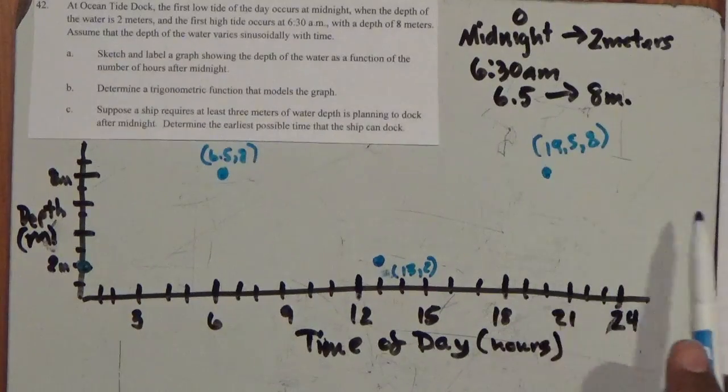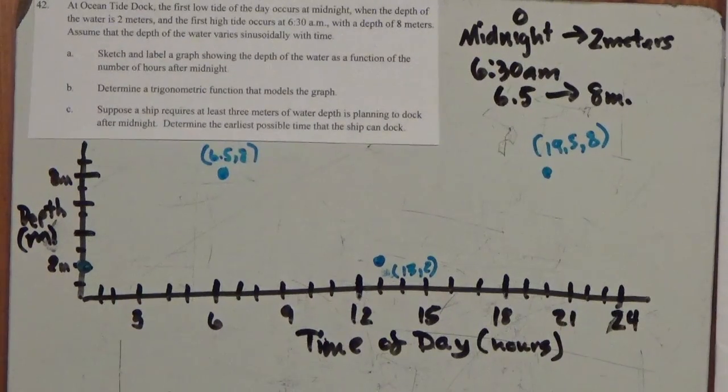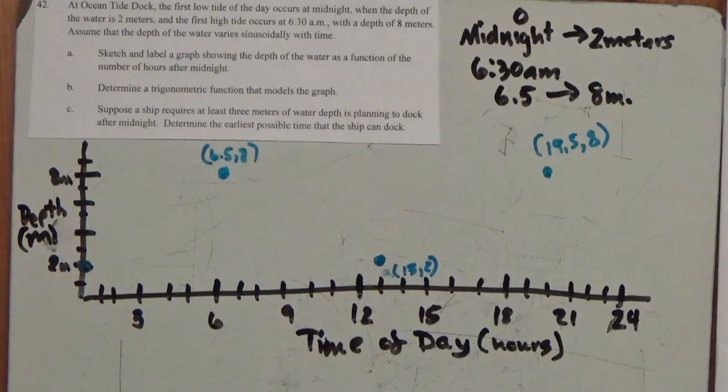The next time we have a low tide, it would be in a different day. From here we should be able to come up with an equation, but let's finish sketching this.